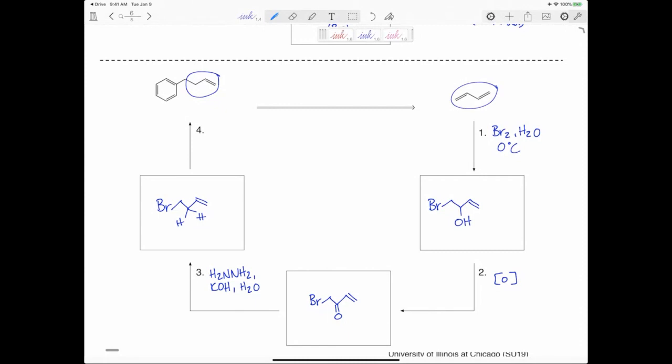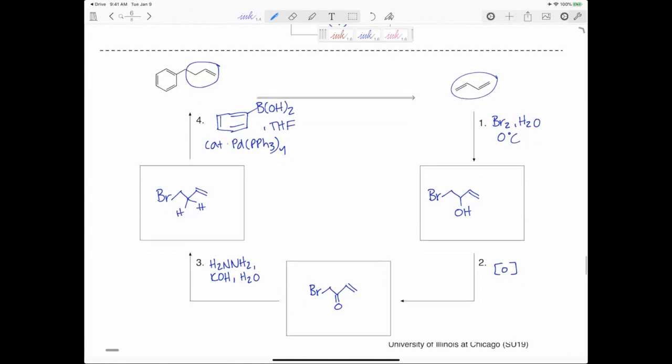All right, and then the last step is just a simple Kumada reaction or Suzuki, whichever you prefer. And there you have it.